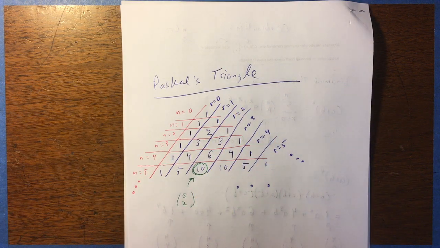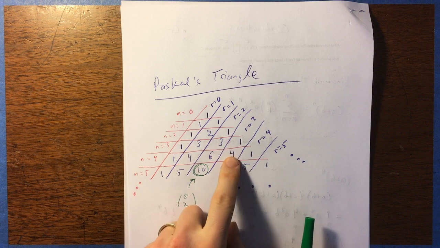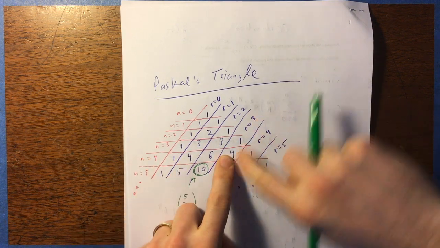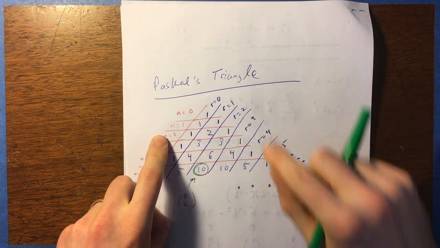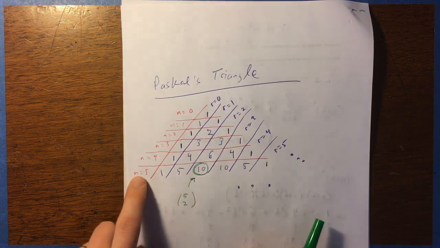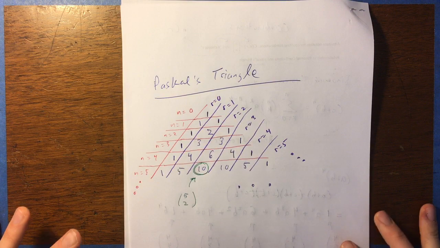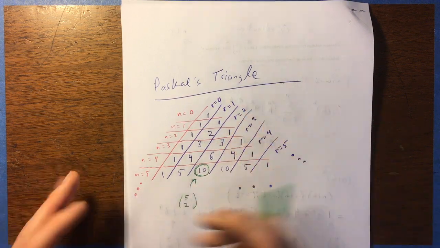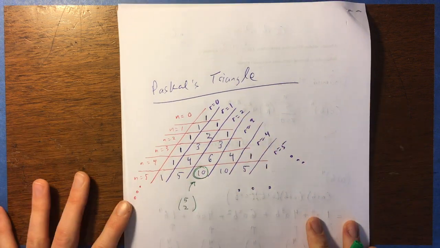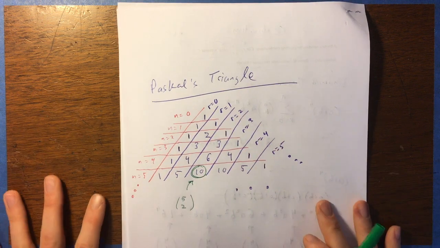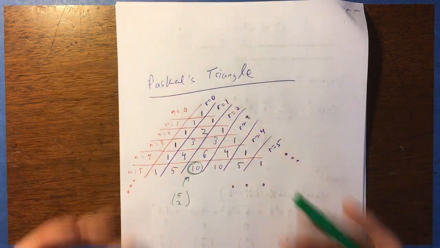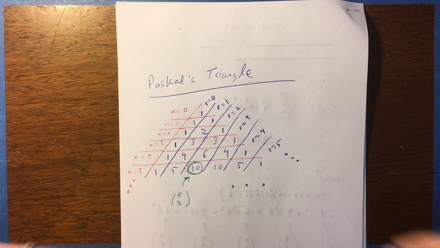Looking through here, I can see 4 choose 3 is going to be 4. 2 choose 1 is 2. 5 choose 4 is 5, and so on. So if you expand this out, you can figure out the value of n choose r by doing that. They're all in Pascal's triangle, and they have this nice relationship that builds on itself. It's a nice recursive definition.